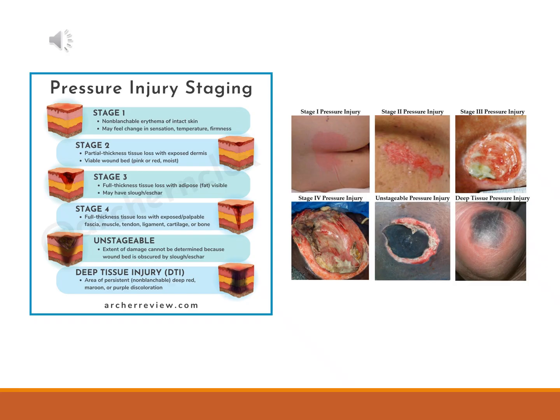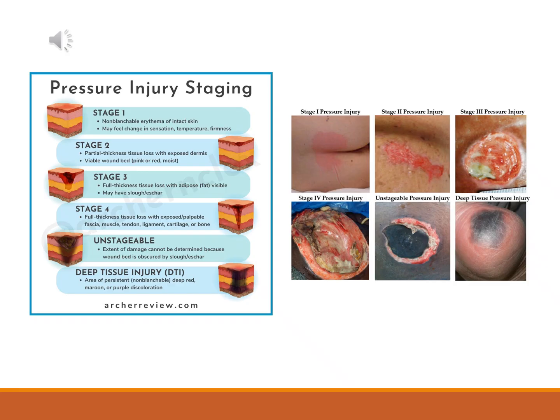That redness is there the entire time. This area may feel warmer or firmer than others, but this is an early warning sign that a pressure injury has started. So for this patient, we need to increase turning, put some barrier cream on, keep them off that area, and reposition them frequently to decrease the risk of this advancing to the next stage.